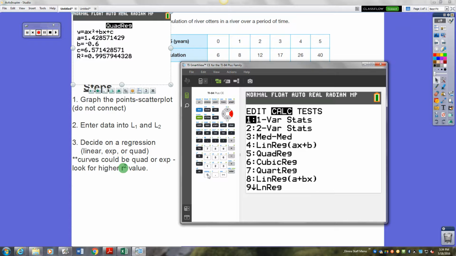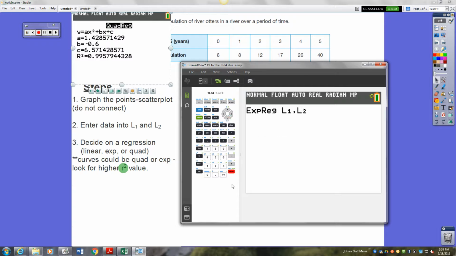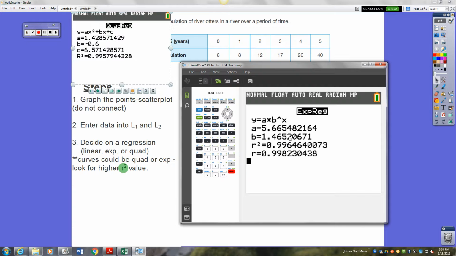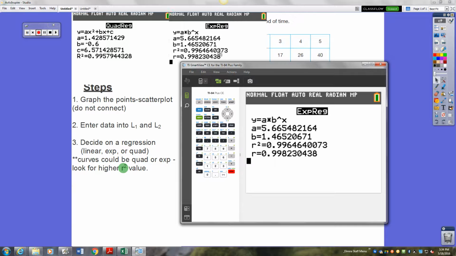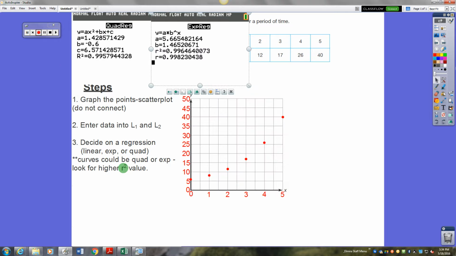Remember, that's option 0. You can just push 0, or you can scroll down to it. Enter. I'm going to pull that out so we can look at both of these side by side. All this gives me is an r squared. It's capital R, and this is lowercase r, but that's okay. They mean the same thing.